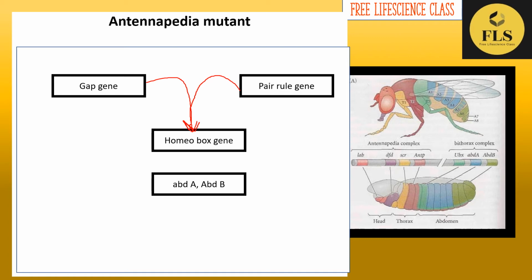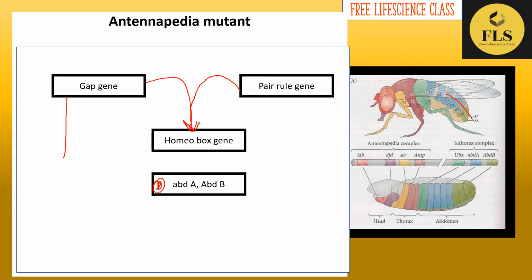And here I have taken two genes as an example, abdominal A and abdominal B. You know that abdominal A and abdominal B will help in forming the abdominal segments.